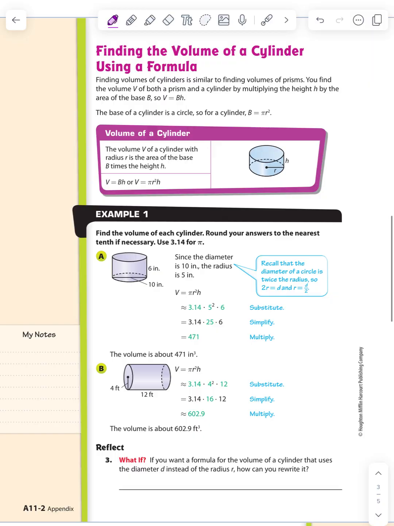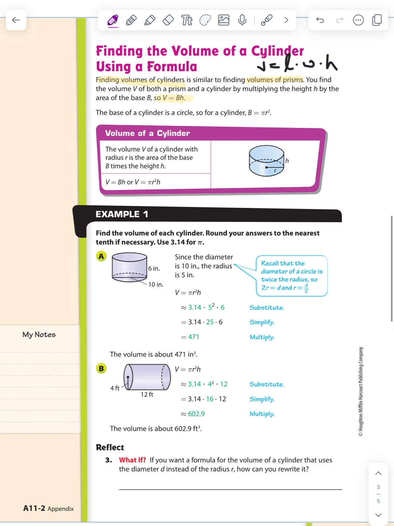All right, so when we're talking about volume, it's important to remember that finding the volume of cylinders is actually super similar to finding the volume of prisms. So if you remember from earlier grades, the volume of prisms was length times width times height. And that's because length times width was the area of the base. So we are still finding the area of the base times the height.